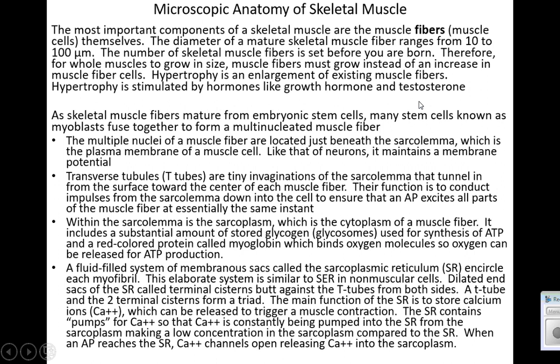Now, the sarcolemma of a muscle fiber is the fancy way to describe the plasma membrane. So we come up with these extra fancy names to describe the same things we've already learned about. And it's very similar to the plasma membrane of neurons and of other cells in that it maintains a resting membrane potential. Why I said it's similar to neurons is because that resting membrane potential can change.